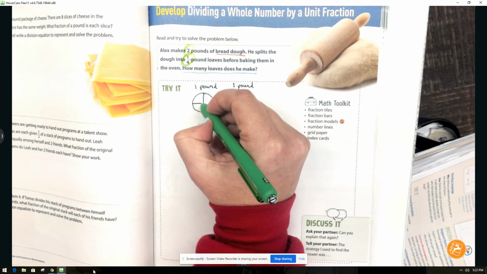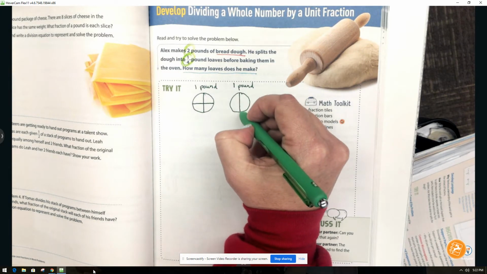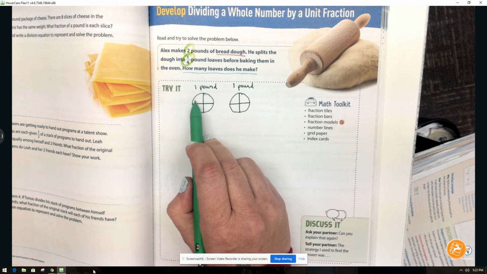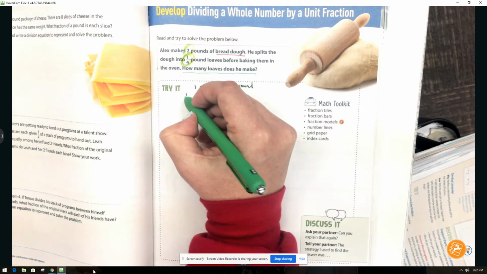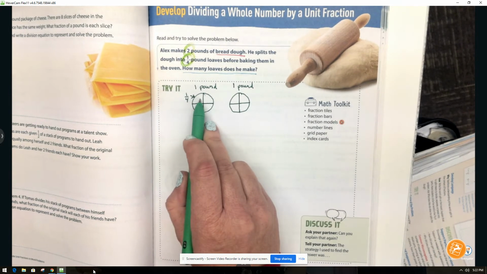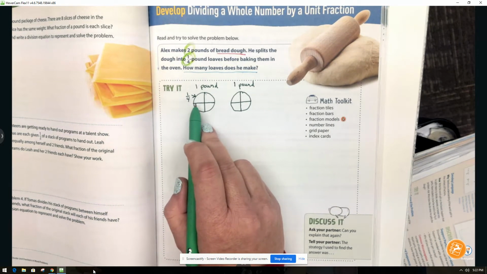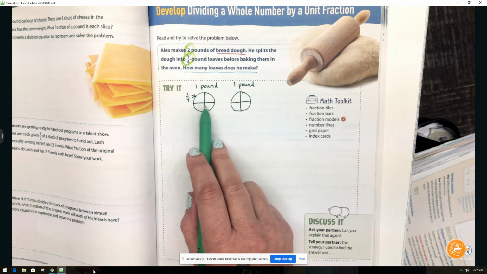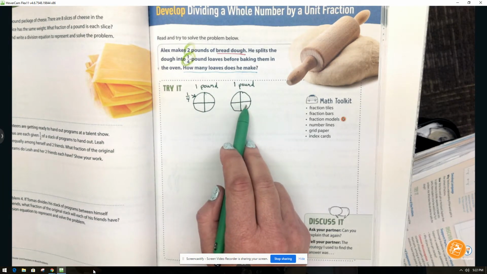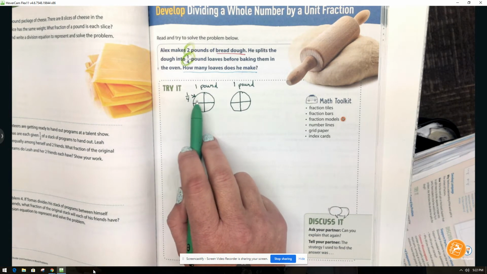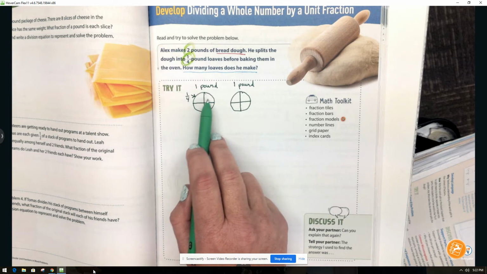Each of these pounds of dough, we're going to break into 4 equal parts because we're breaking it into parts that are 1/4 of a pound. So one of these parts is 1/4 of a pound. Then, to find out how many loaves he makes, we simply count the number of 1/4 pounds of dough that we have.